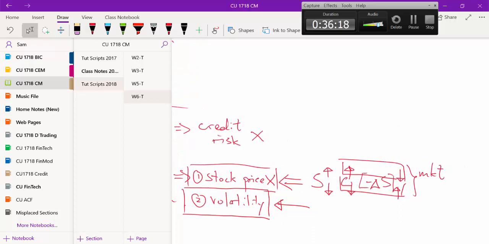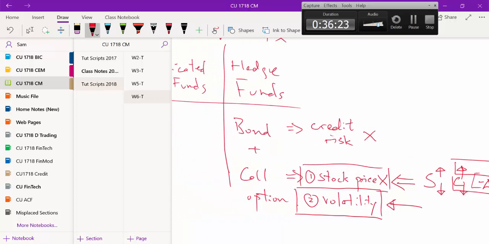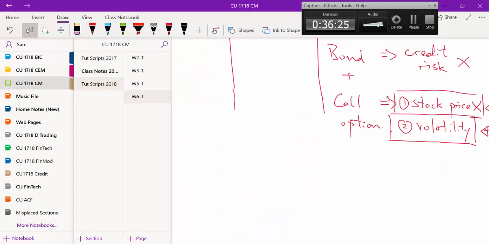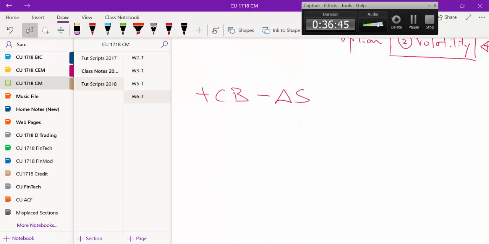They do that on purpose. So in essence, a CB hedge fund will always buy the CB and they will short some stocks. So you buy the CB, you have credit risk, but you also have a call.